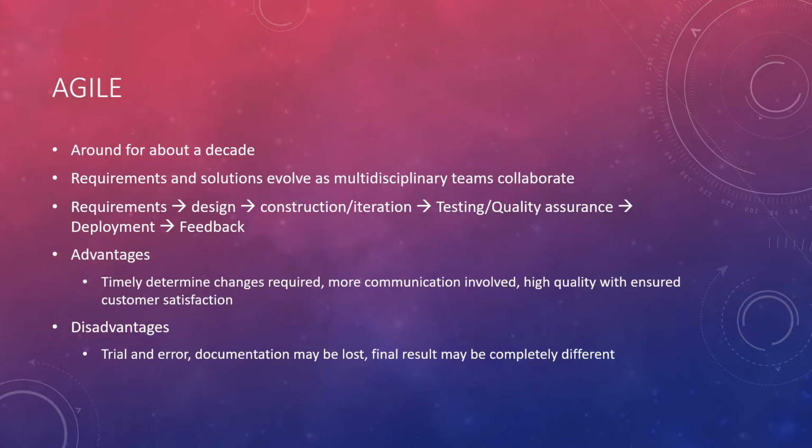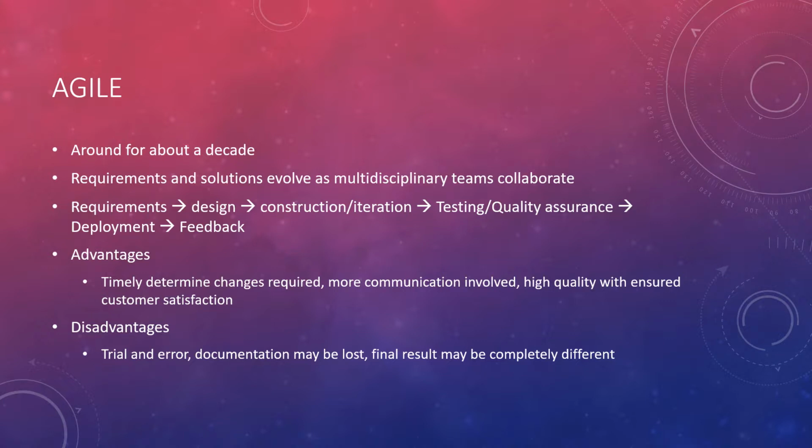The second one I'll be talking about is Agile, and this has been around for about a decade. It recently became a major driving force behind software development in many organizations. And so the requirements and solutions evolve as the multidisciplinary teams collaborate, and that includes the customers and the vendors themselves. And so different Agile testing methods include Scrum, Crystal, dynamic software development methods, just to name a few.